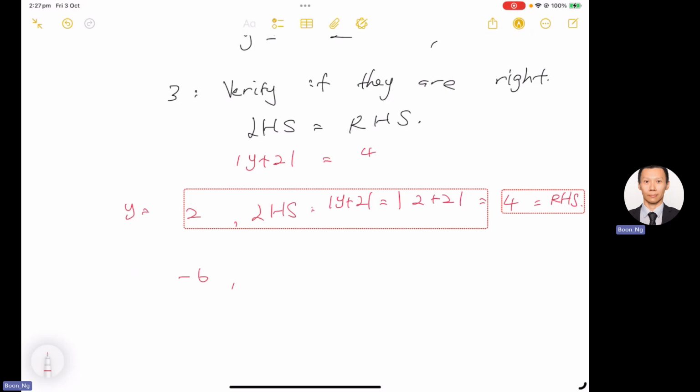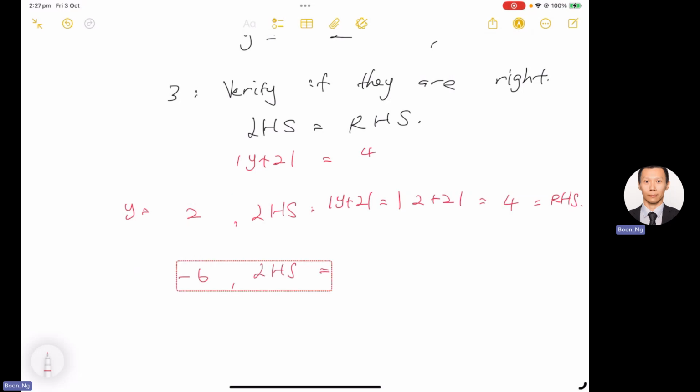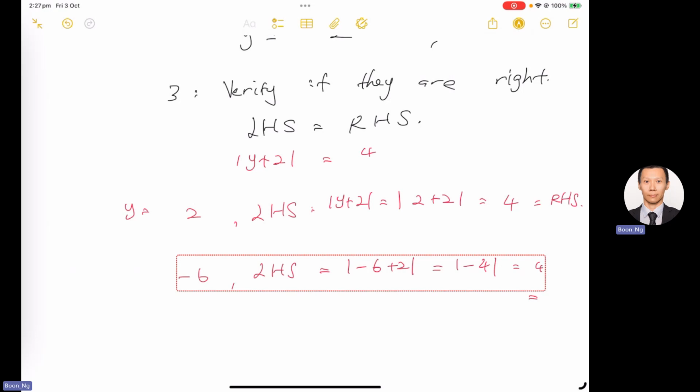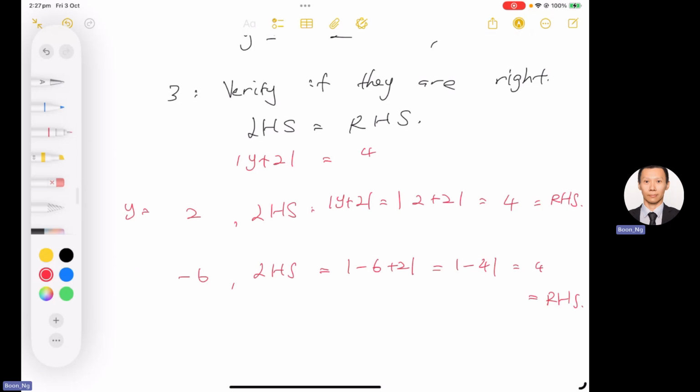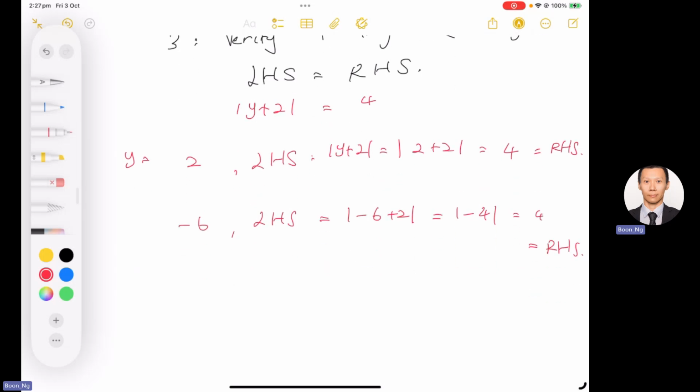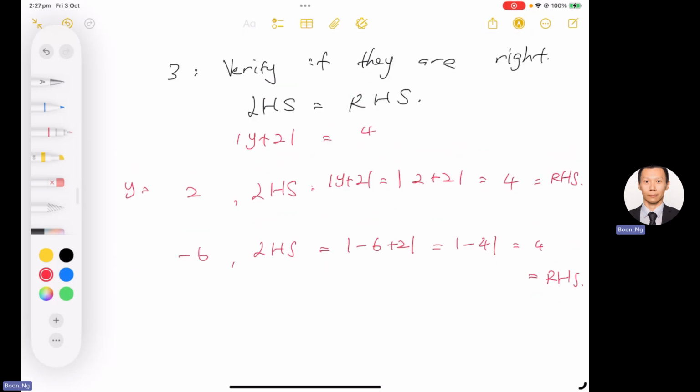For negative 6, we do exactly the same. Absolute value of negative 6 plus 2 equals absolute value of negative 4, which is still 4, and that equals the right-hand side. Now we know that they are definitely right, so we can graph them.